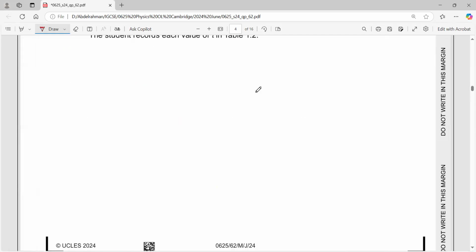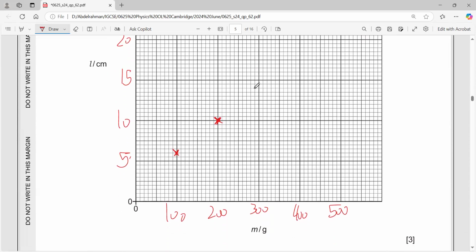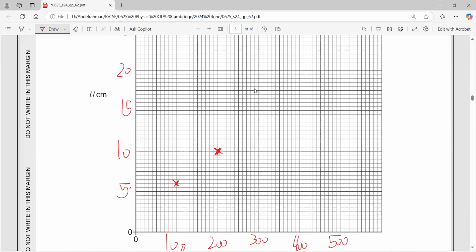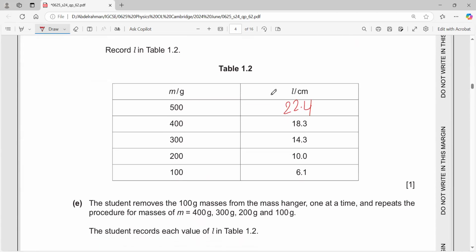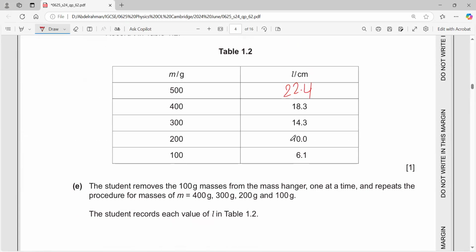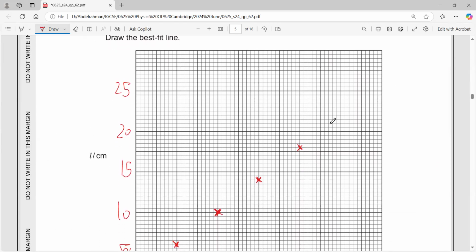At 300, 14.3, then 18.3 is right over here. And last but not least, 22.4. It almost increases by 4 each time, right? 22.4 is right over here.